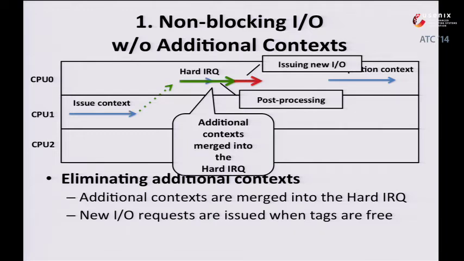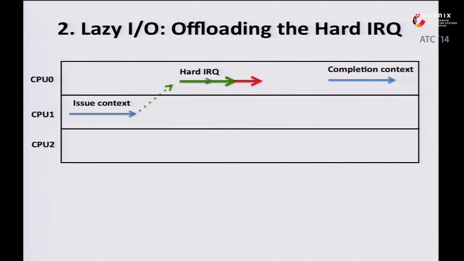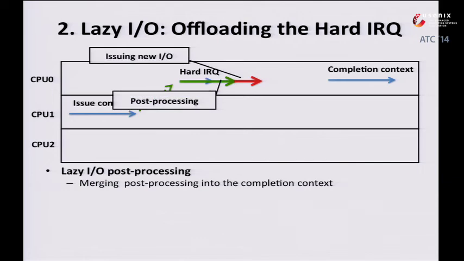Yes, this is counterintuitive, and this makes the hardware interrupt even heavier. We are going to deal with it with the next two optimizations. For the offload, we introduced some schemes. Here, instead of introducing a new context, we did it in a different way. We decided to use the completion context of the user thread, which is waiting for an I/O to complete.